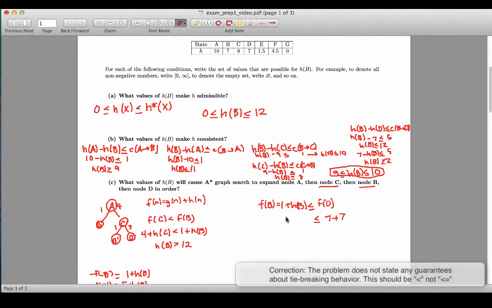We're interested in the case when 1 plus h of b is less than or equal to 7 plus 7. This gives us h of b is less than or equal to 13. So overall, we get the condition that for A star graph search to expand the nodes in this order, h of b must be less than or equal to 13 and greater than 12.